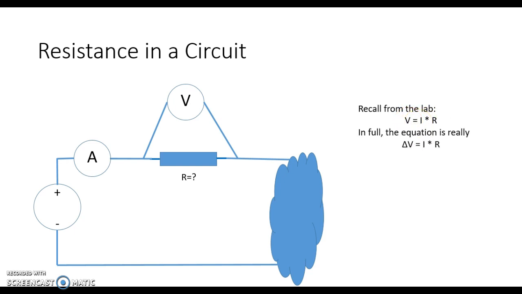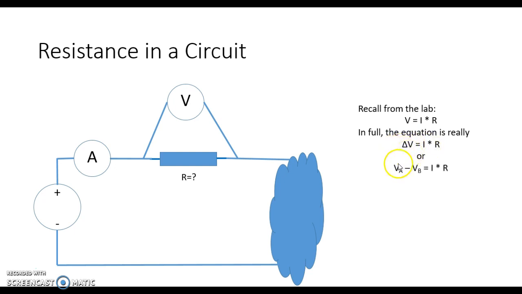What I didn't mention during our lab is that the full equation really says that the change in voltage across some given component is equal to the current that passes through that component times the resistance of that component. So what exactly do we mean by that change in the voltage?